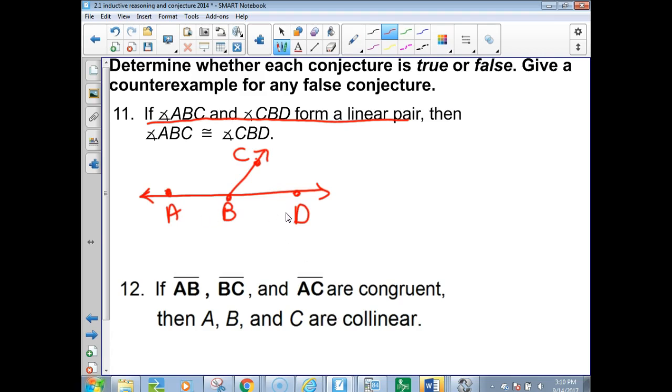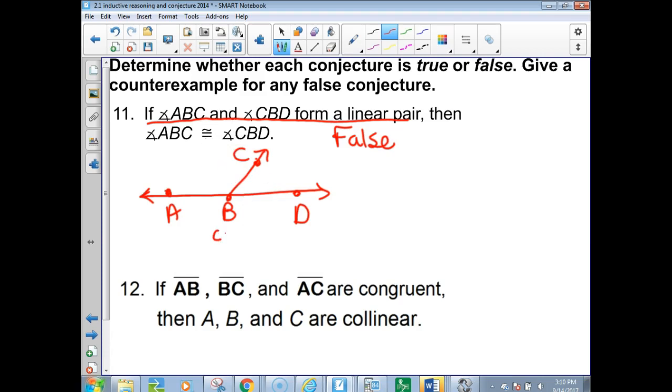Now I just made myself a linear pair. Oh, wait a minute. The then part says they have to be equal measures. Well, that's false. Because I just drew a linear pair where they aren't equal angles. One's bigger than the other. So they were implying they would have to both be 90, and that's not true.